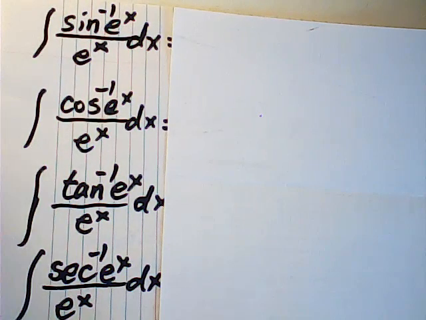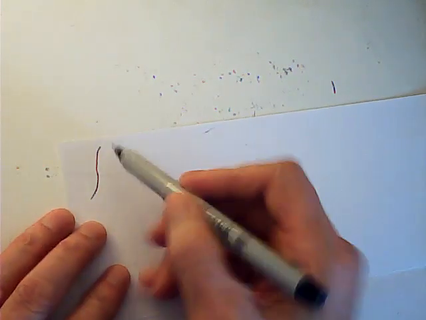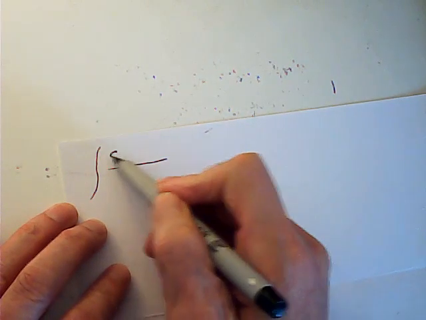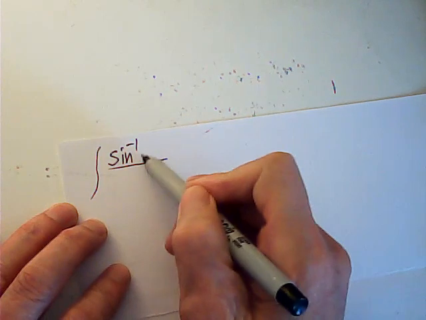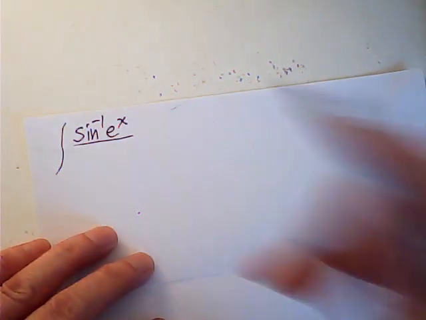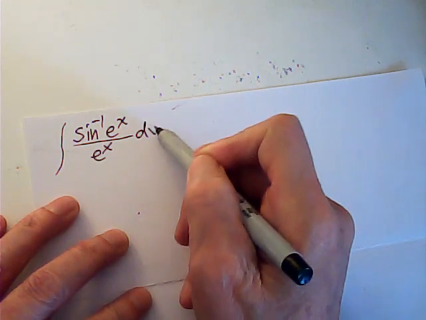Now let me do the first one. The first one is the integral of sine inverse e to the x over e to the x dx.